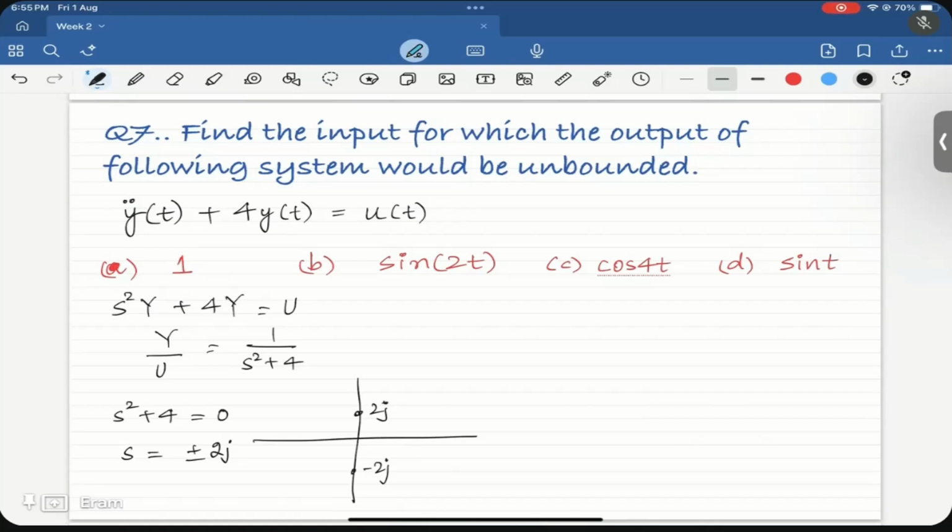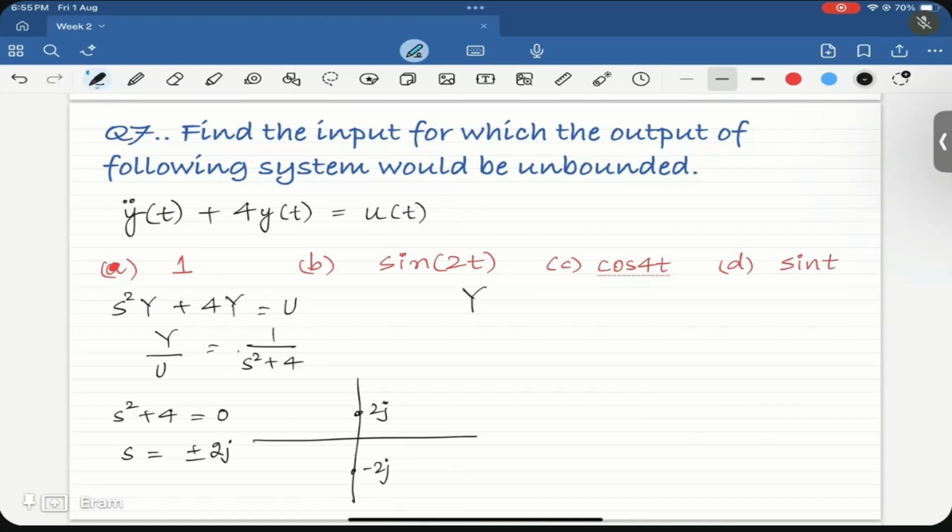We have poles of the transfer function lying on the imaginary axis, but they are only one pair. How can we make these poles repeated? By squaring. Yes.